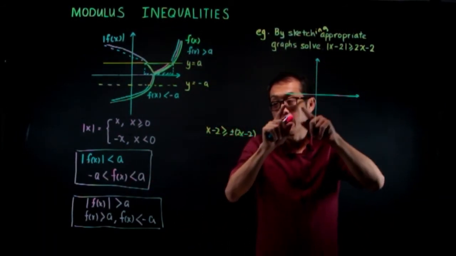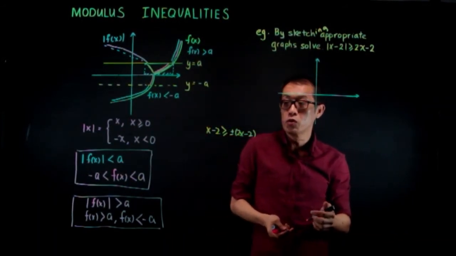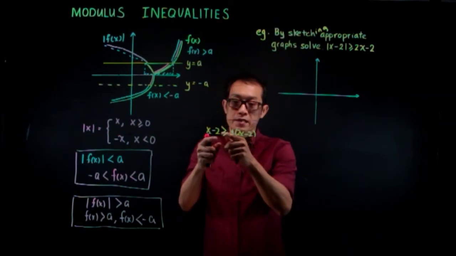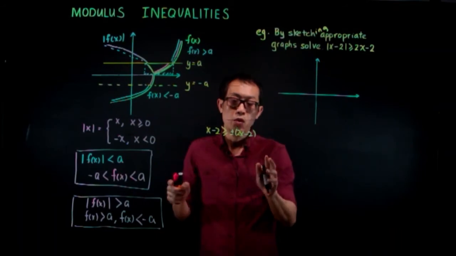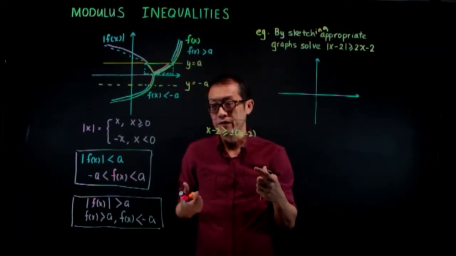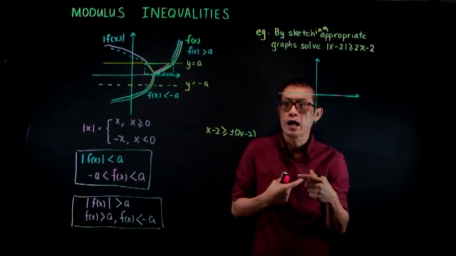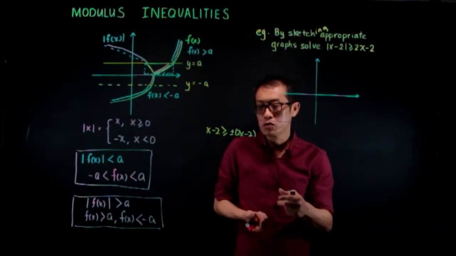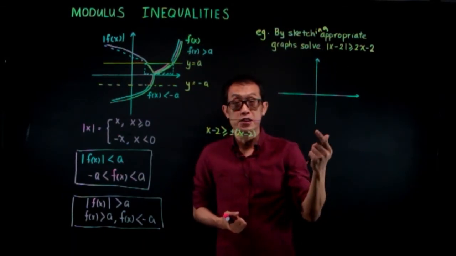I will not go into detail. You can try on your own. Some of you in Sec 4 might just do it blindly. I always tell my students, no, you try to do it with the help of a graph. You can also do it algebraically, but sometimes it's quite hard for you all to visualize. So I'd rather you do it by sketching a graph.